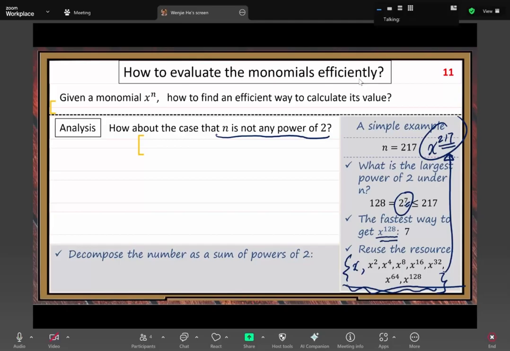217. The first round of decomposition: we write 217 using the largest power of 2, that's 128 plus 89.